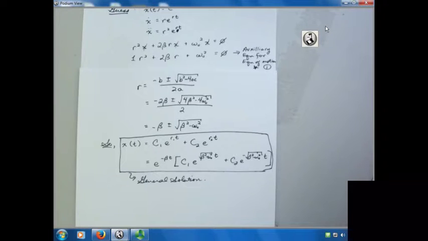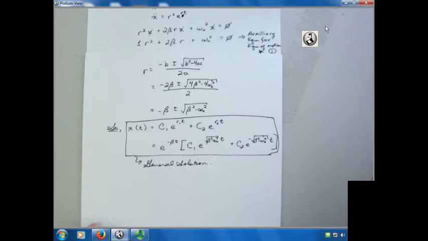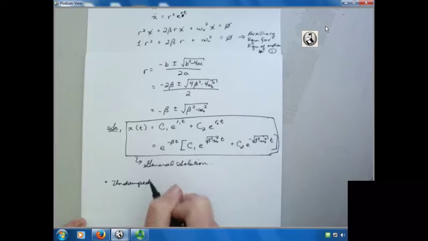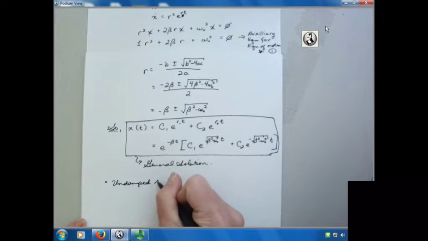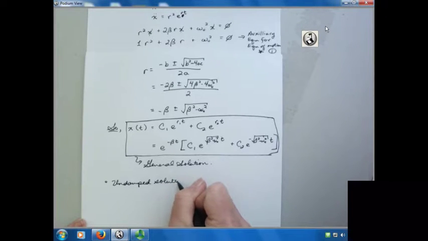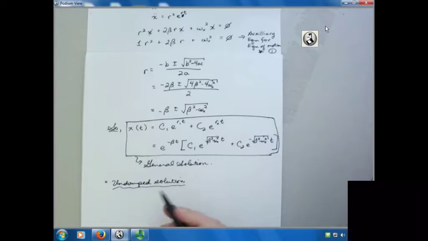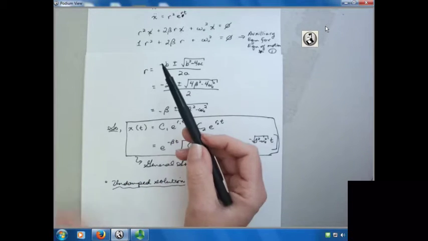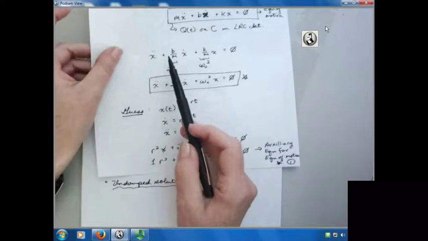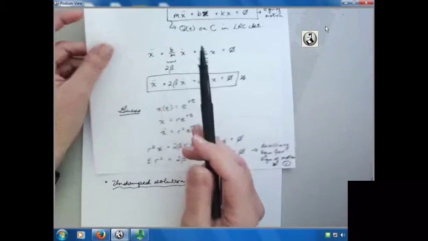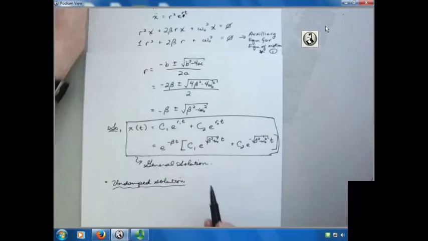First, let's talk about the case where there was no damping. Let's talk about the undamped case and make sure that it works out. Undamped solution. Okay, so in the case that there is no damping, that means that B is 0, that means that B over M is 0, that means that 2 beta is 0, that means that beta is 0.